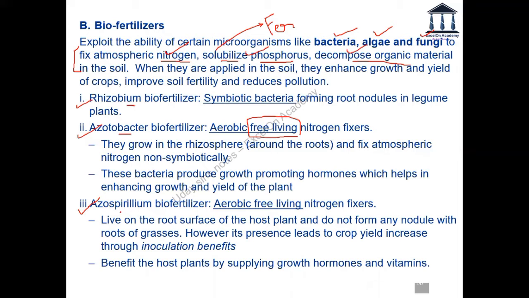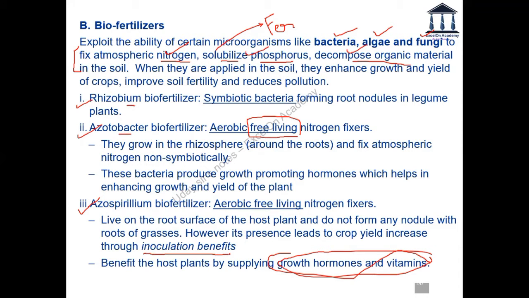And when the seed germinates, these bacteria go to the root surface, and they have a very interesting phenomenon of supplying growth hormones and vitamins. They do not fix nitrogen. That's one thing I wanted you to remember. They do not fix nitrogen, but they supply growth hormones and vitamins.